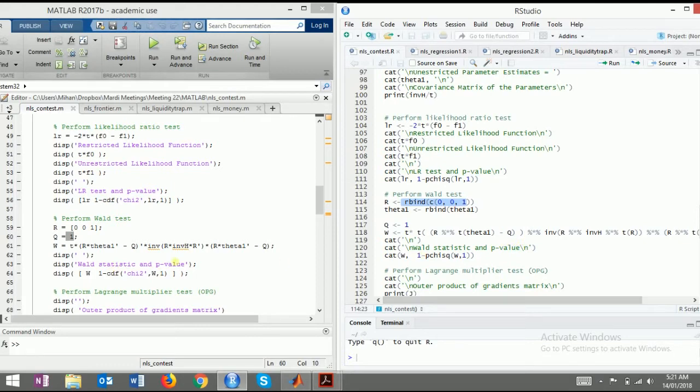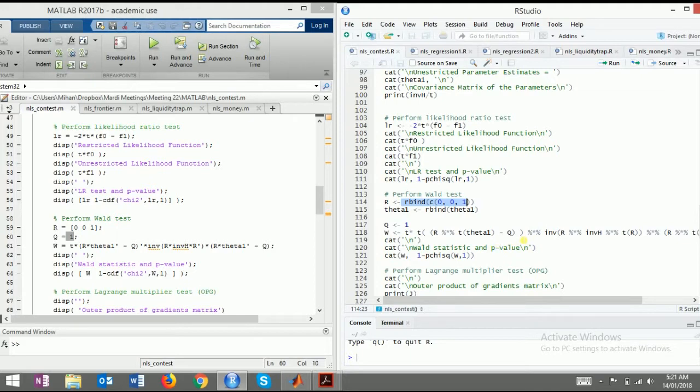Oh, this is transposed, the whole thing is transposed. Transpose of R into transpose of theta 1 minus q.